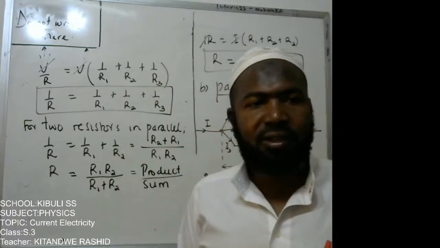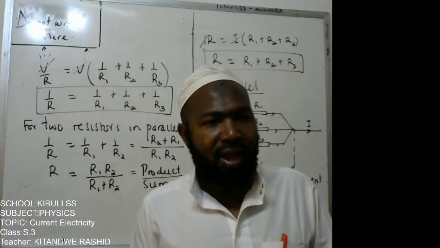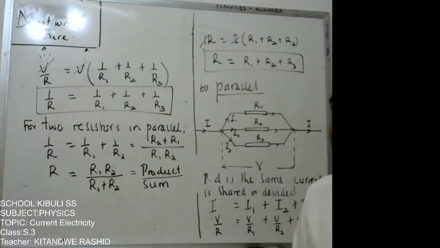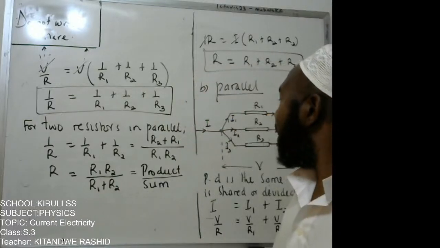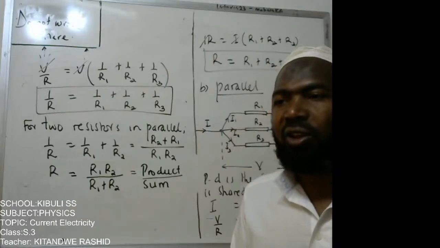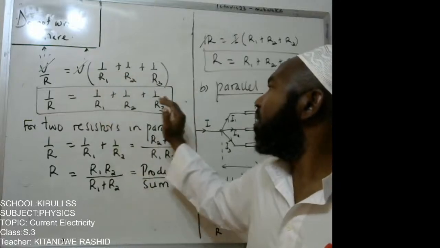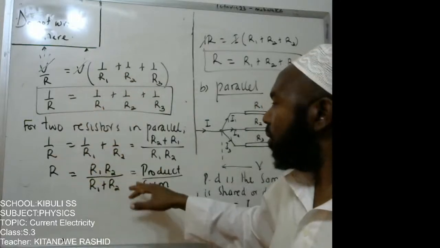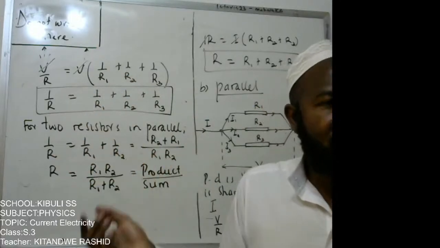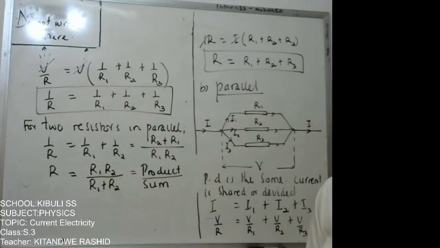Product of the resistances divided by the sum of the resistances. So in other words, whenever you are given a circuit that is having only two resistors, you may not bother yourself with the whole of this. You can just use product over sum and then you evaluate.